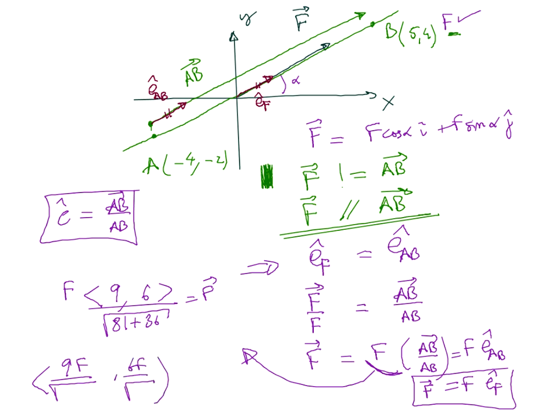But usually we stop here. This is the direction of your vector F, and this is the magnitude. Both are nicely separated. We have expressed the direction in terms of unit vector, and we have managed to separate the magnitude away from it.